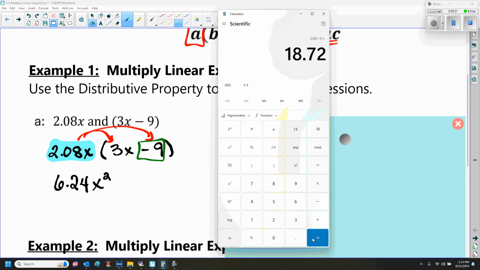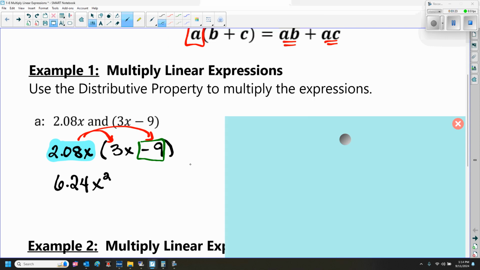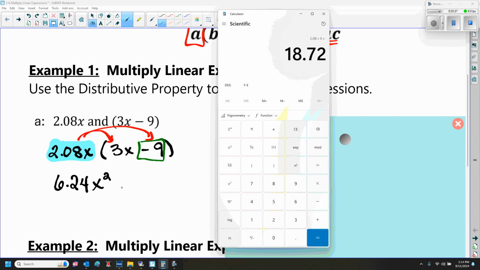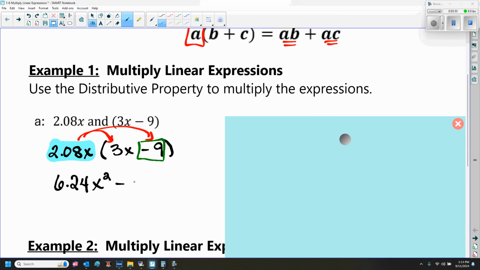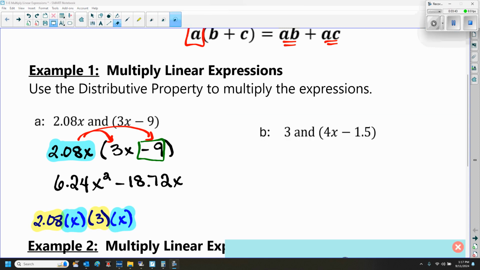And it's going to be a negative, right? Now, watch when I write it. It's negative 18.72. And don't forget the x. So this is going to be a negative 18.72x. Did everybody see the operation and the sign are the same?